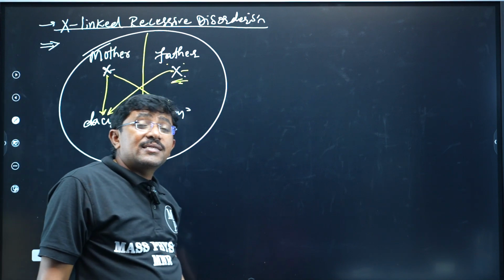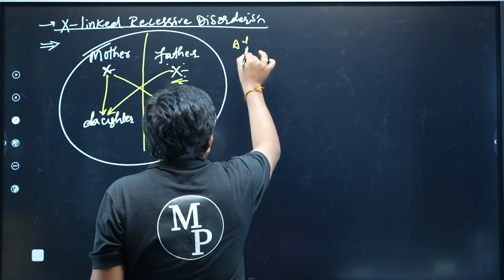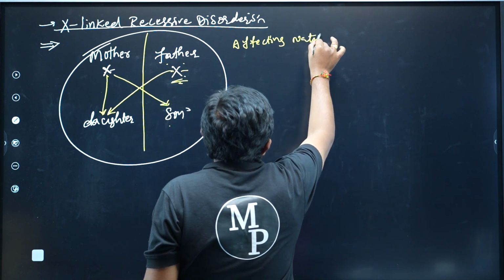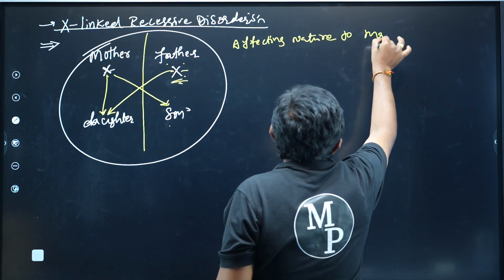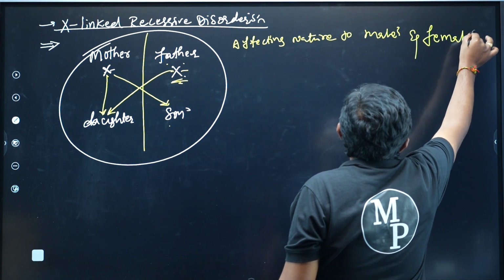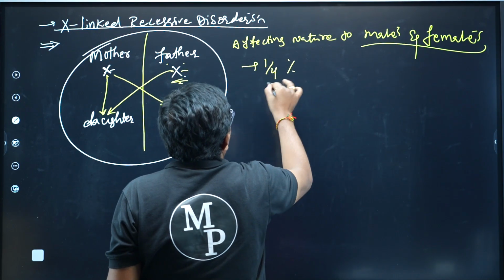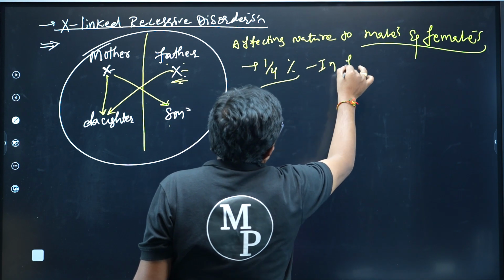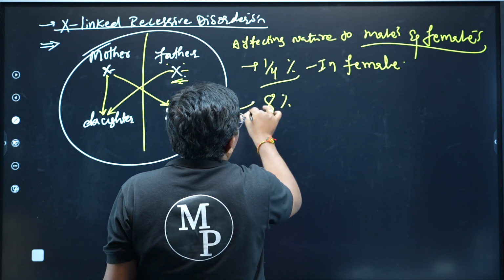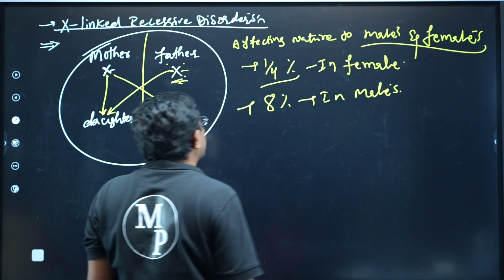Generally, the X-linked recessive trait is affecting males and also females. About 1/4 percent in females and 8 percent in males.